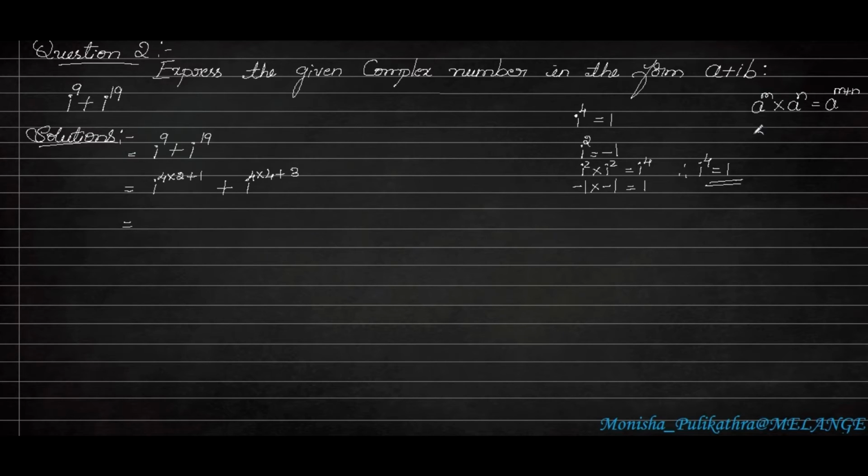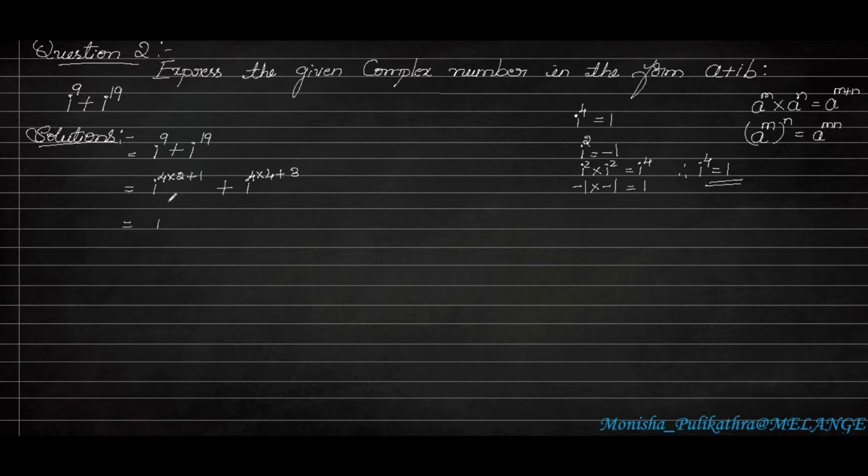Okay, so another formula is there. a to the power of m whole to the power of n is equal to a to the power of mn, m into n. Okay, so here I will be taking it to that form.